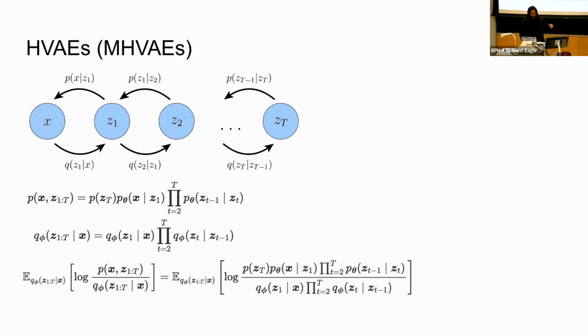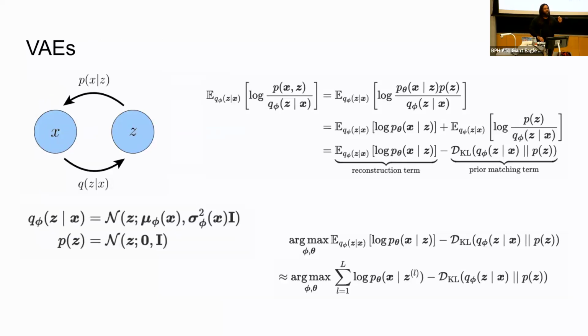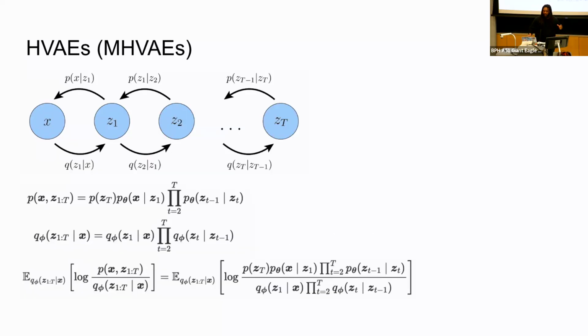Basically, there are several latent variables, and we're modeling them step by step. So instead of doing it all in one shot, we make intermediate steps in order to get from our original image to our latent space and back. Any questions so far? I see some people are okay. All right.